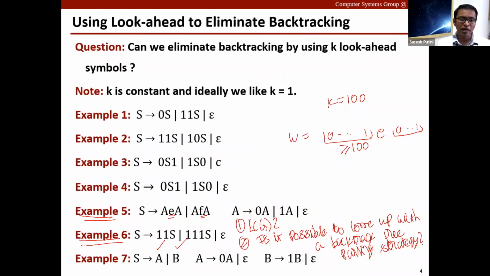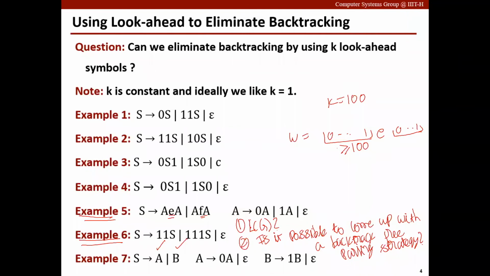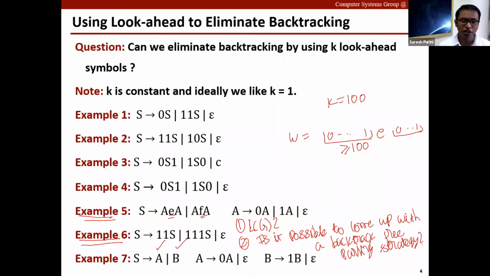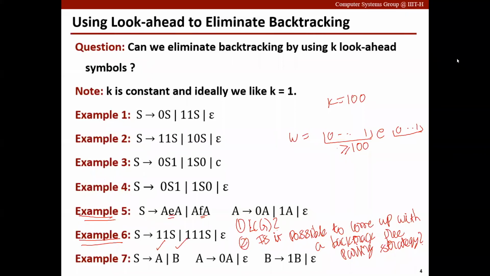We have to go one level below and see what kinds of strings are generated by the non-terminal symbol A, and what kinds of strings are generated by the non-terminal symbol B. We have to use this information to say whether we should be using the substitution rule 1 or 2. Great. Let's see if you have any questions.